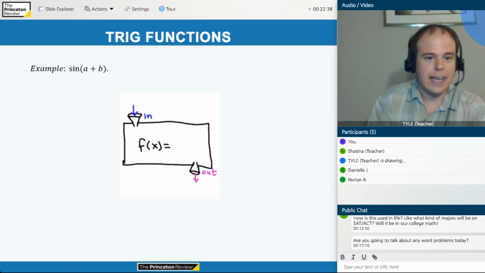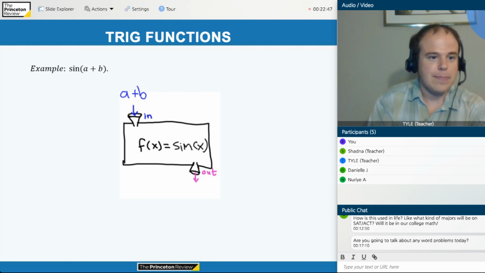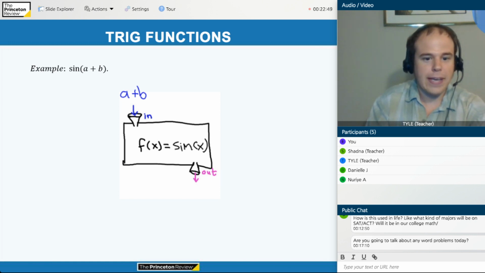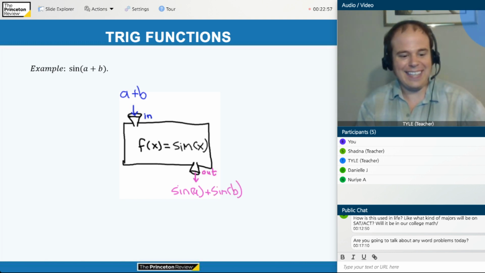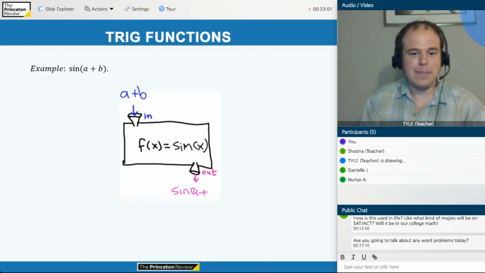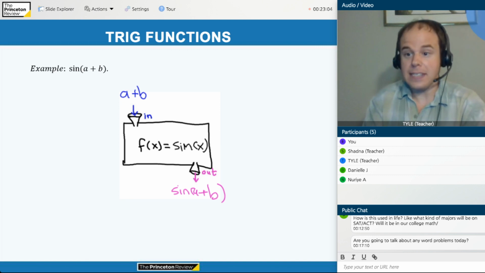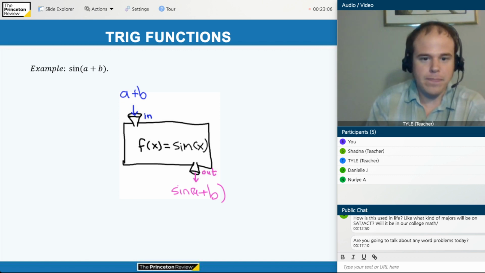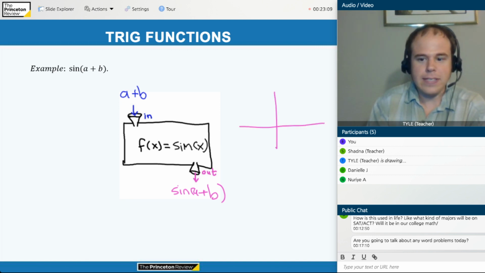So let's say we're putting in a plus b, and we're applying the trig function sine of x. We're going to take the sine of a plus b. And the question is, does this equal sine of a plus sine of b? To answer that, all I need to know is, is the sine function linear?